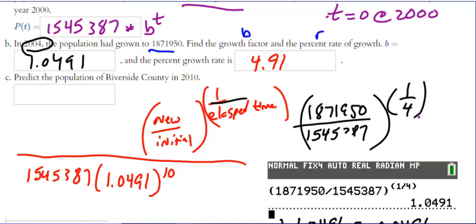And when I do that on my calculator, I get 2495778.993. And you know what? I'll just put it all.